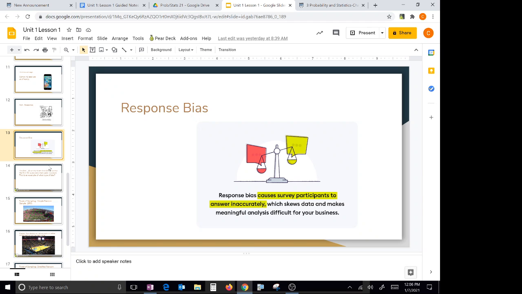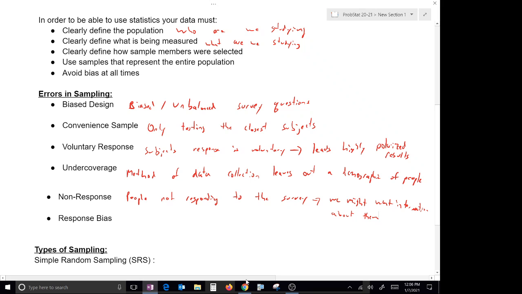If you weren't actually at that game, you might get a different response because some people are sitting there and we've got all the fans there. They're going to feel pressure to answer a certain way. So again, having anonymity is another good way to avoid response bias. So this is people answering a survey with a bias, with biased answers.